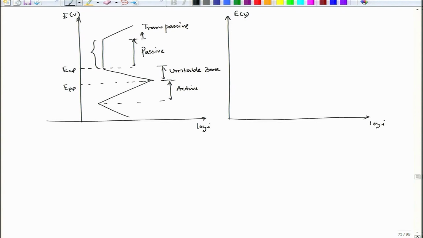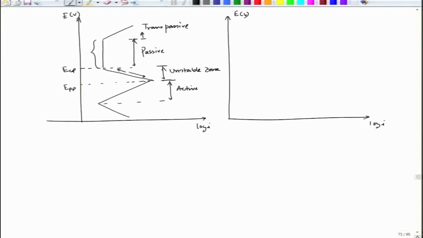If there is any disturbance in between, the system can go back to this, or if there is no disturbance, the system goes towards this. I will talk about what we mean by this disturbance, but at least one thing is appreciated here, that we are trying to reach the steady state, which corresponds to IP.